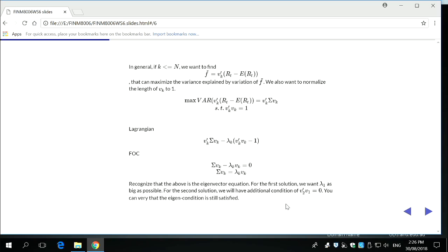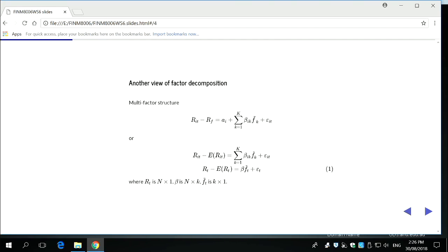Then you can still get this first order condition. I won't go into the mathematical derivations. The purpose here is to show you the eigenvector decomposition is really coming from the desire to maximize the variance explained by the factor, given that we have this factor structure model as the multi-factor model, although we don't really know what the factor is.